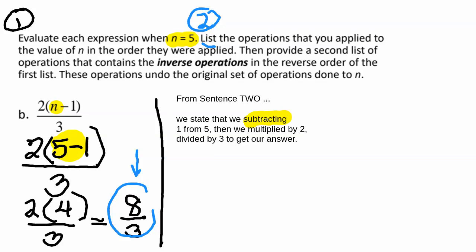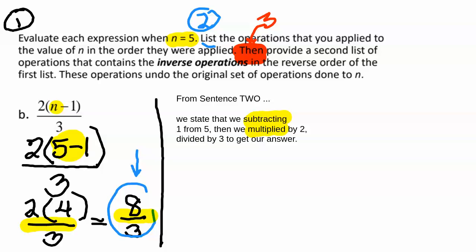We subtracted. 5 minus 1 gave me 4. Then we multiplied. 4 times 2. That gave me 8. And then what does this line between 8 and 3 mean? Divide. Now, right here, then is the third part.